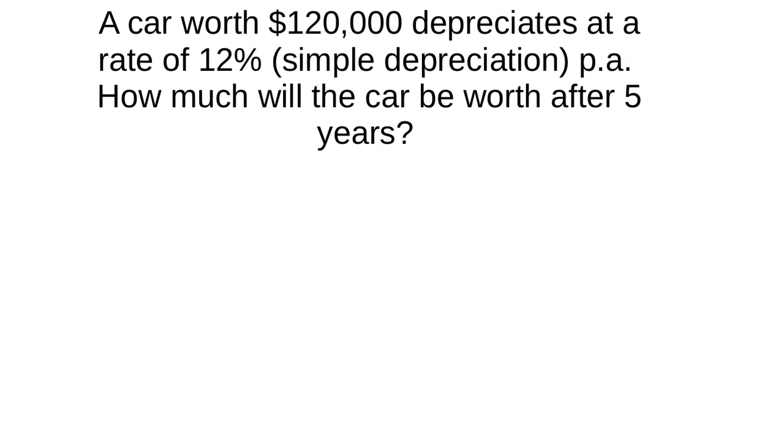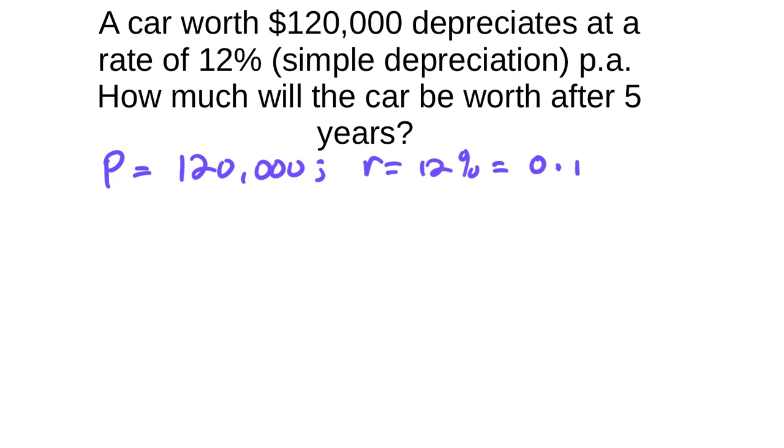Here's another example. A car worth 120,000 depreciates at a rate of 12% simple depreciation. How much will the car be worth after 5 years? Here our given is 120,000. Our rate is 12%, which is the same as 0.12, and our time is 5 years.